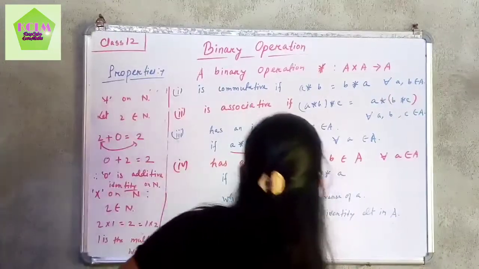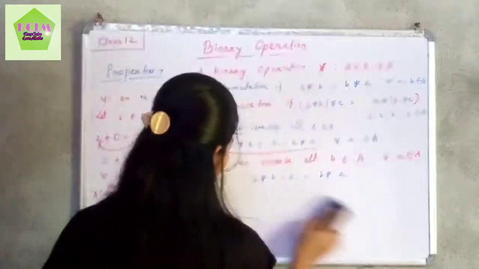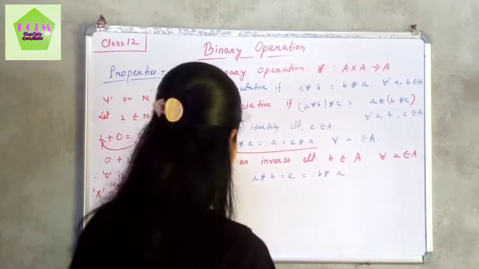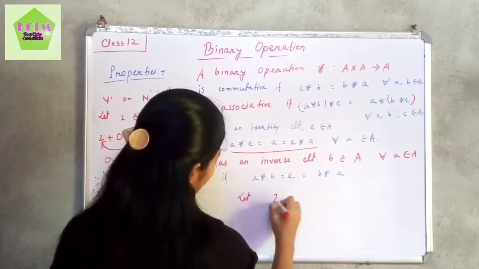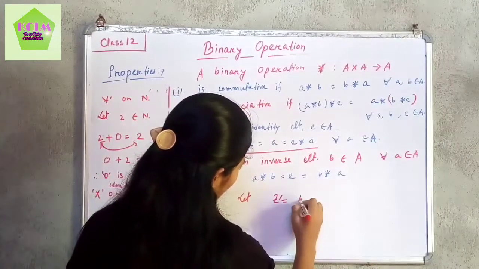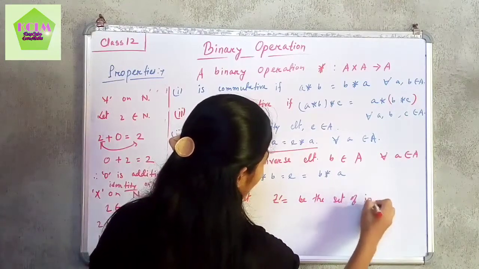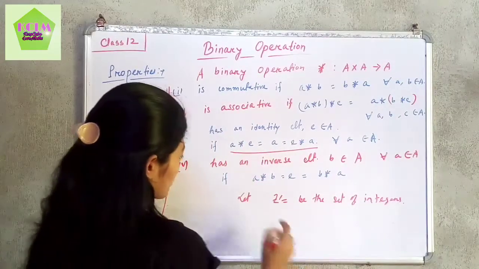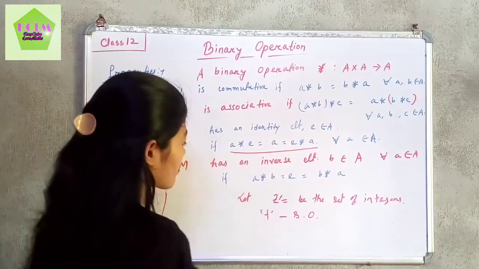Now how does an inverse exist in an operation defined on a set? So let us take the set of integers. Then let us take the operation addition.